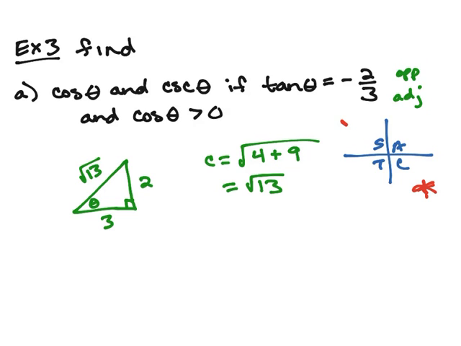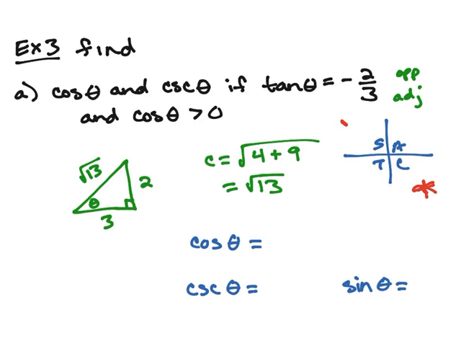Now we're not asked to find all 6 trig functions this time. We're just asked to find cosine and cosecant. Now cosecant goes with what? Goes with sine. So I'm going to make my life easier and I'm going to find sine and then take the reciprocal.